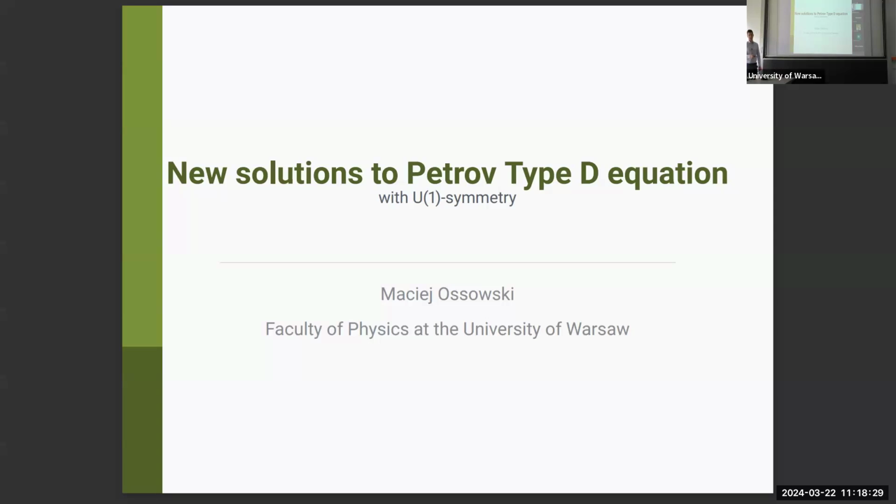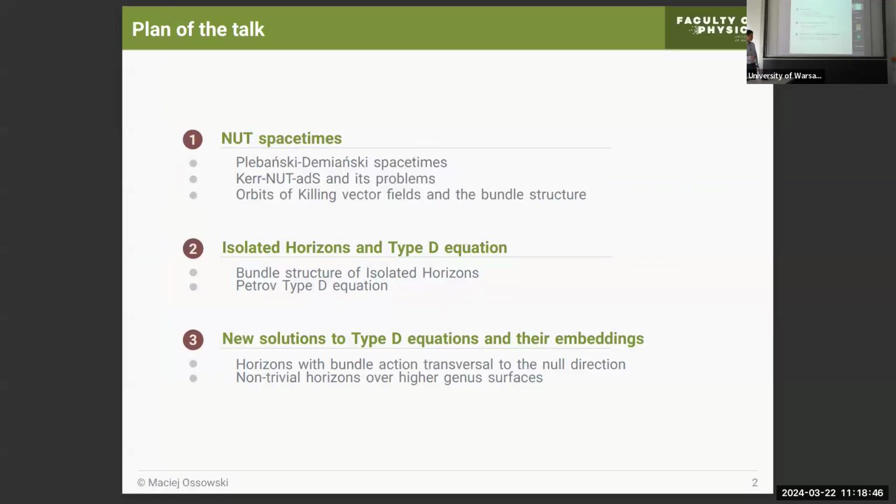And isolated horizons, I will also come to more precisely later, are local generalizations of Killing horizons. So essentially, I want to talk about some new isolated horizons that we have constructed, which admit U1 symmetry.